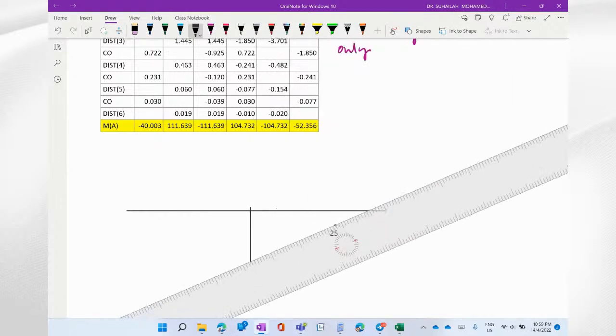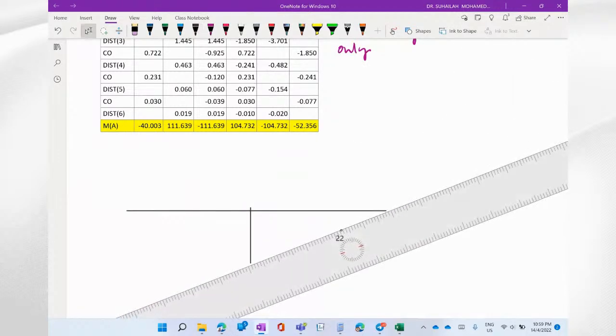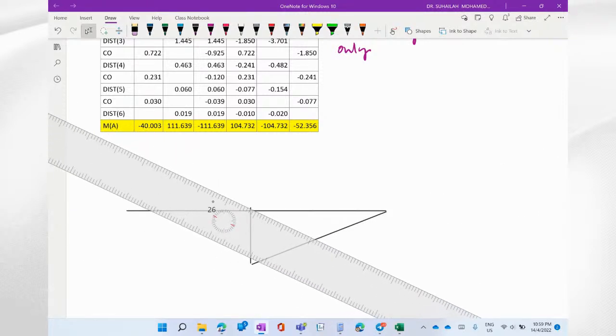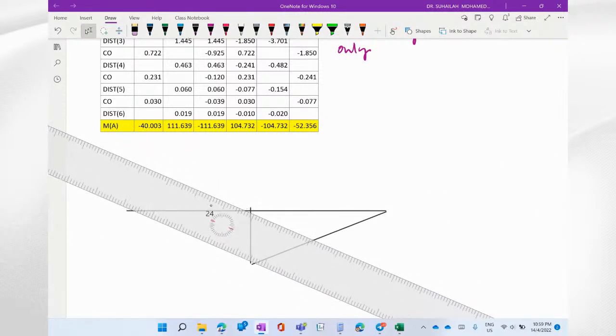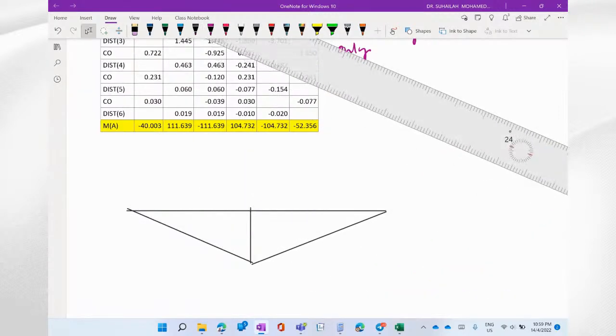It is triangular. So this is A, B, and C. This is delta 35 mm.